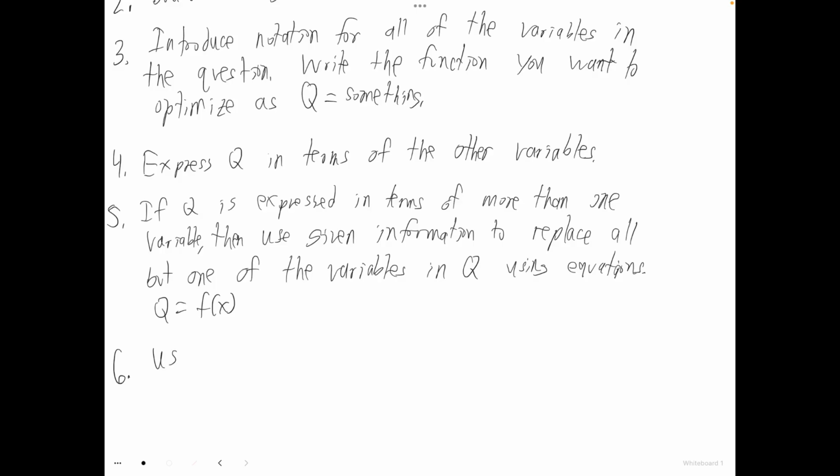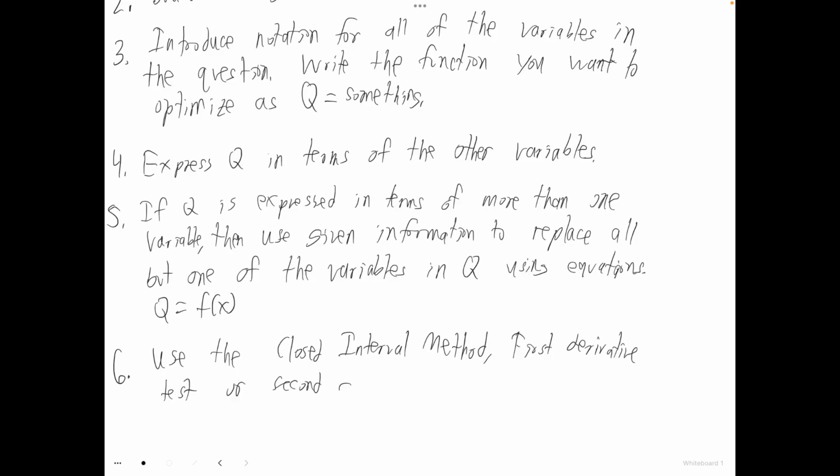And then step 6 is use the closed interval method, first derivative test, or second derivative test to determine the value that minimizes or maximizes Q. So in other words, we're just going to use methods that we've already talked about at that point to figure out the minimum or maximum.